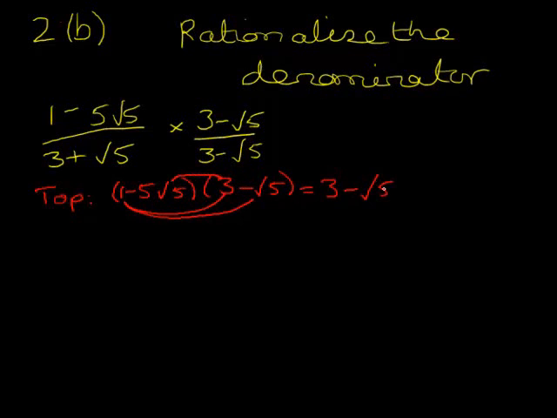And the tricky term is the second term in the first bracket times the second term in the second bracket. But remember that root 5 times root 5 is 5, and so this becomes just 25. 5 times 5. Tidy it up.